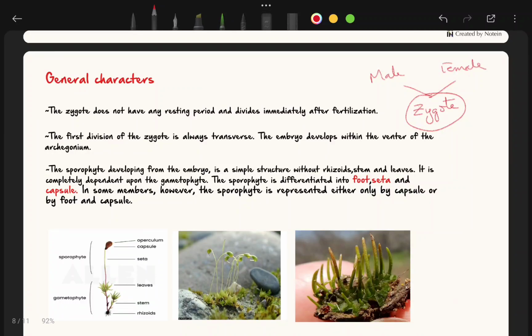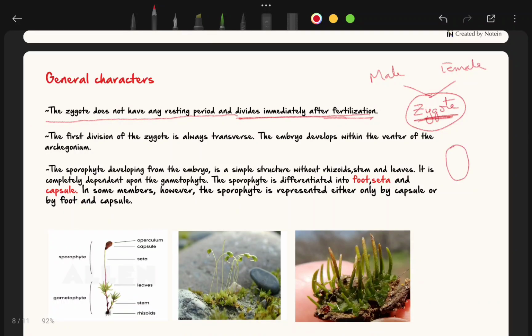There is no resting stage for the zygote; it will start to divide immediately after fertilization.